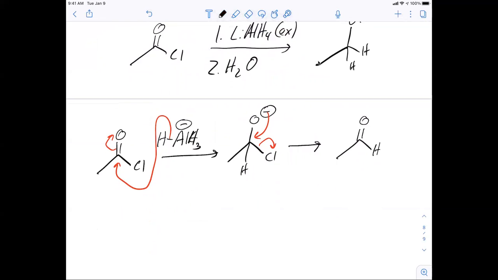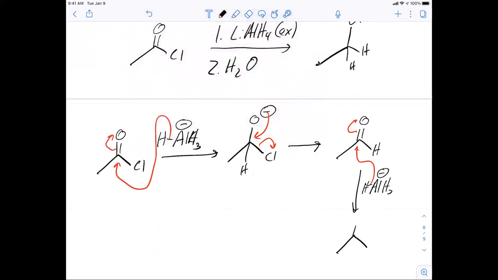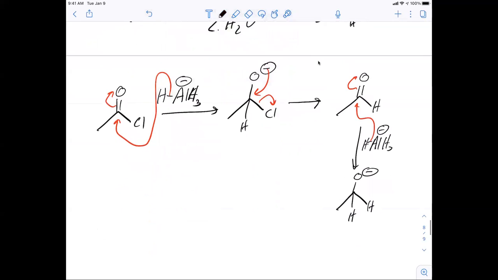But will aldehyde be reduced in lithium aluminum hydride? Yes, right? So then the next step, we get another equivalent of the hydride here, attacking the carbonyl, resulting in this, which coordinates with the aluminum.